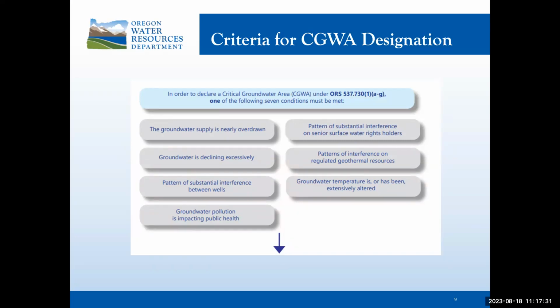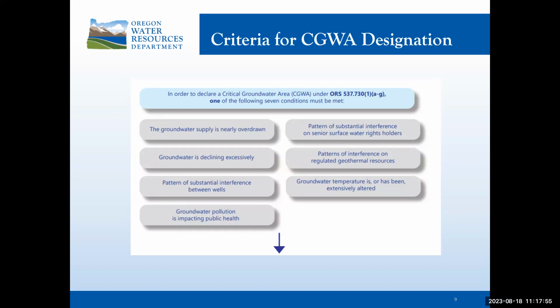The groundwater supply must be overdrawn or about to be overdrawn. Groundwater levels are declining excessively or have excessively declined. There has to be a pattern of substantial interference between wells. There could be a pattern of substantial interference between senior surface water right holders and users of groundwater.